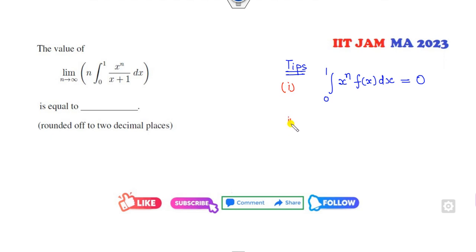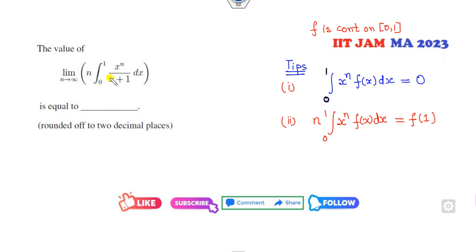Second tip, whenever you multiply this by n, it is always f of 1. There is only one condition: f should be a continuous function on the closed interval 0, 1. Always remember this limit should be from 0 to 1.